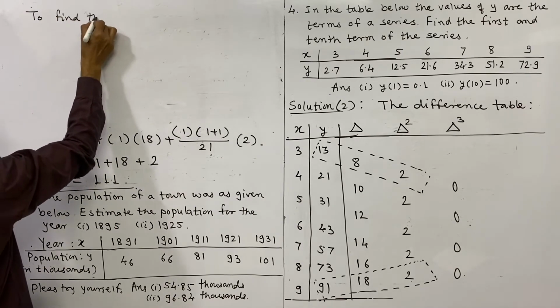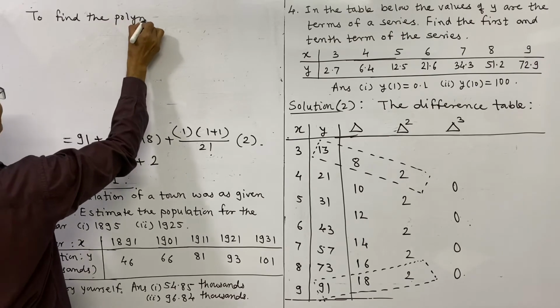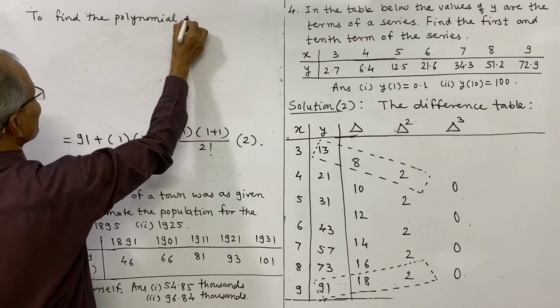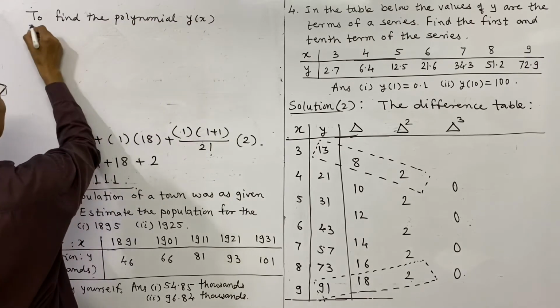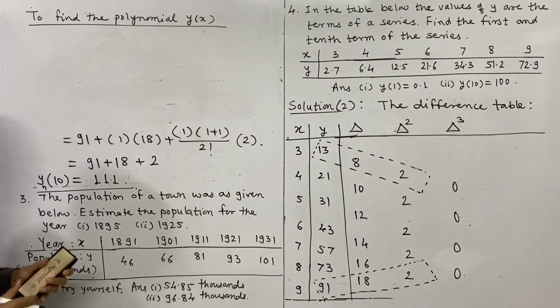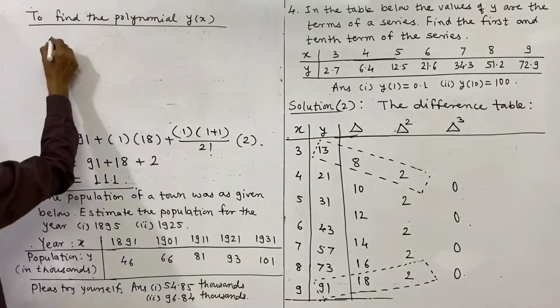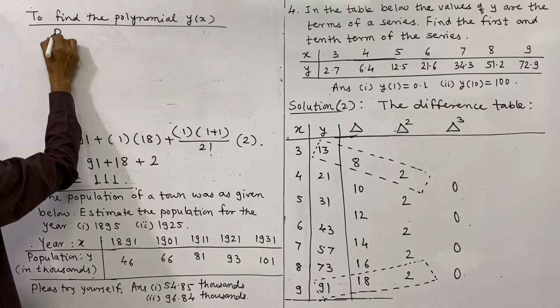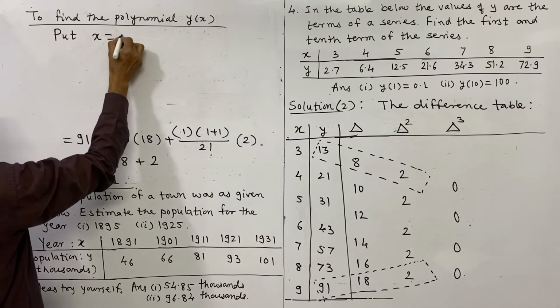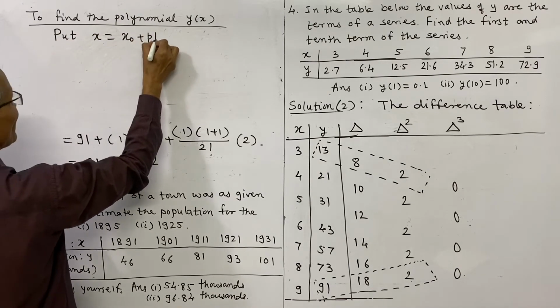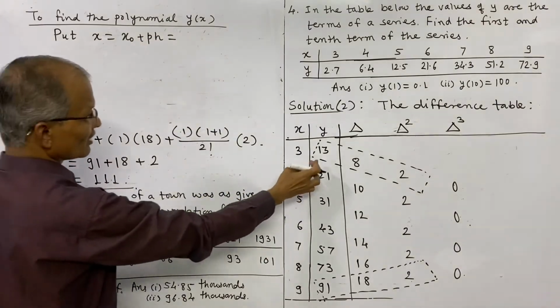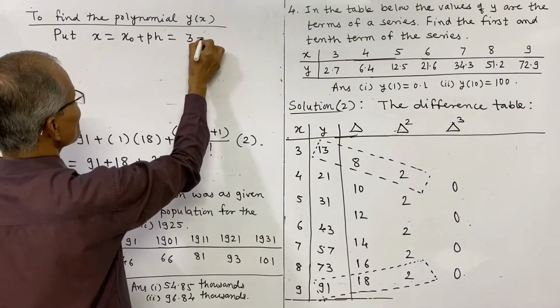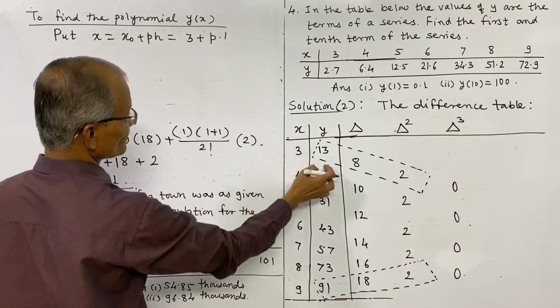To find the polynomial, y at x, we put x is equal to x naught plus ph. And what is x naught? X naught is 3. 3 plus p into h, where h is 1.